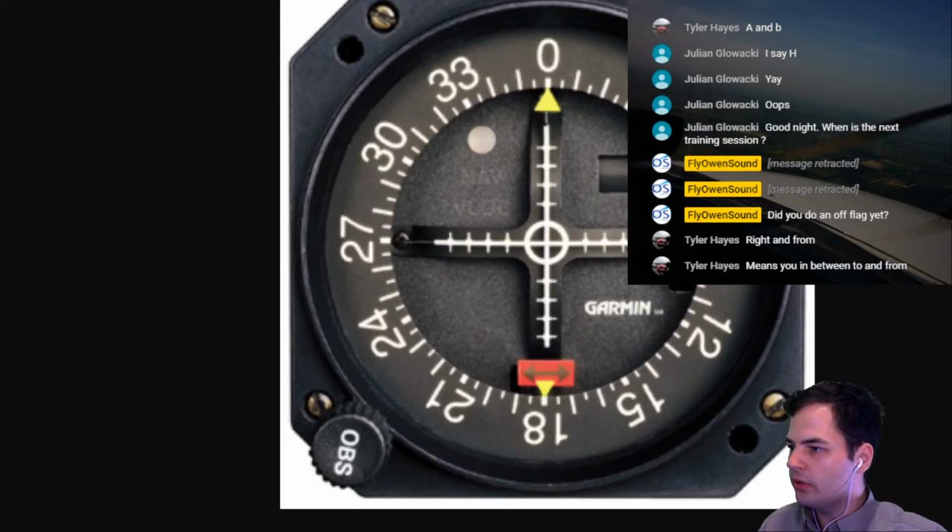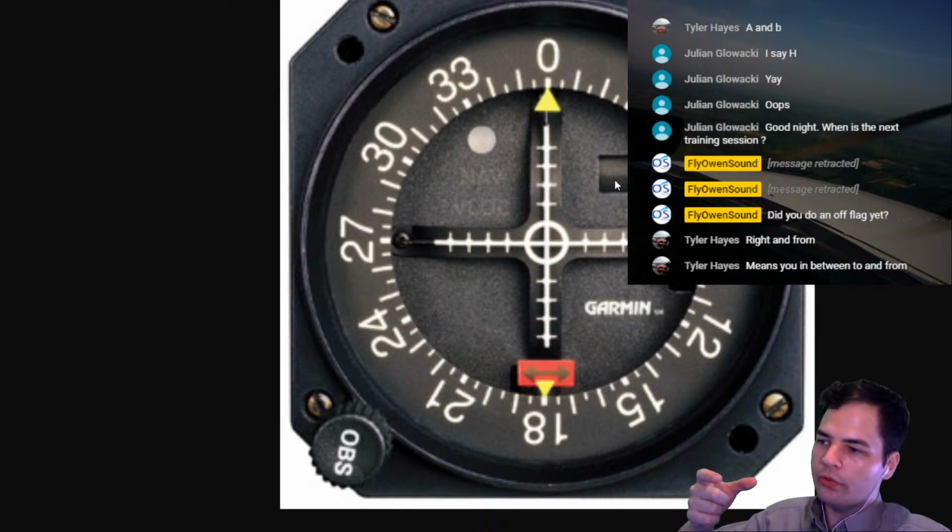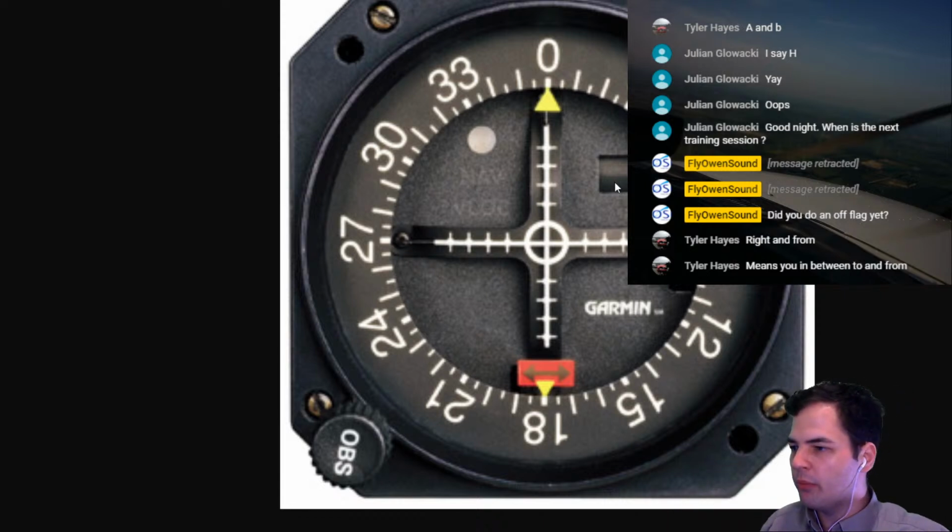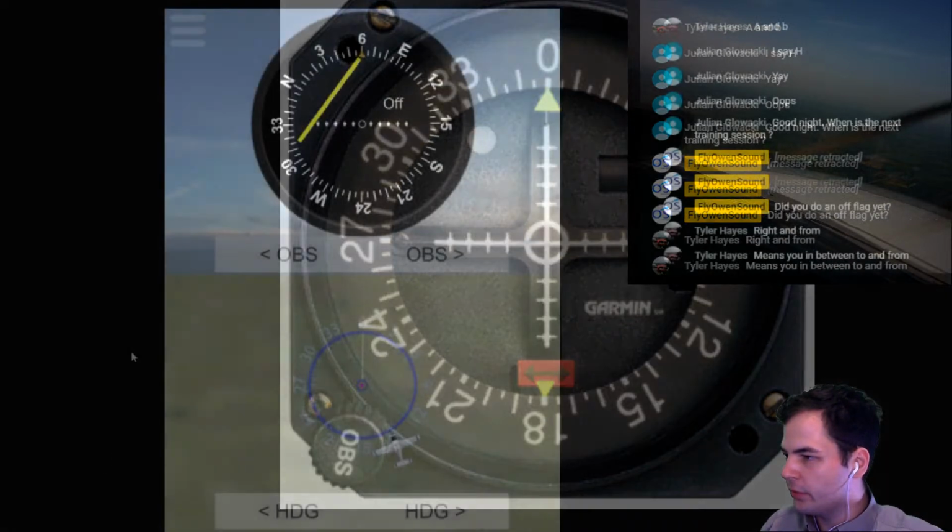It has this little window in the top right corner, and that window is actually your to from flag on this one. And so when it's to, it'll say to in there, and then it'll roll to the off position, and then it'll roll again to the from position. So a lot of them have this kind of roller style to from flag like that. So that sort of scenario, that's what you're going to get.